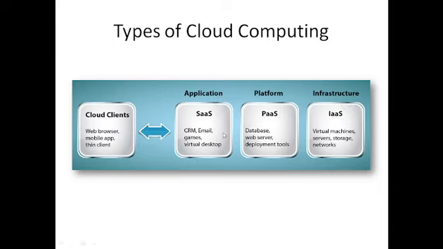So next is software as a service. For example, the totally developed software if they are providing, for example, CRM, email, games, like that. If they are providing that type of service, they are called software as a service. So simply we can say software as a service is application based.